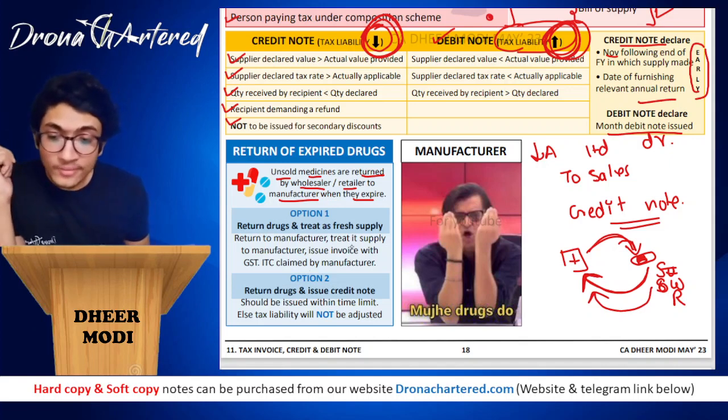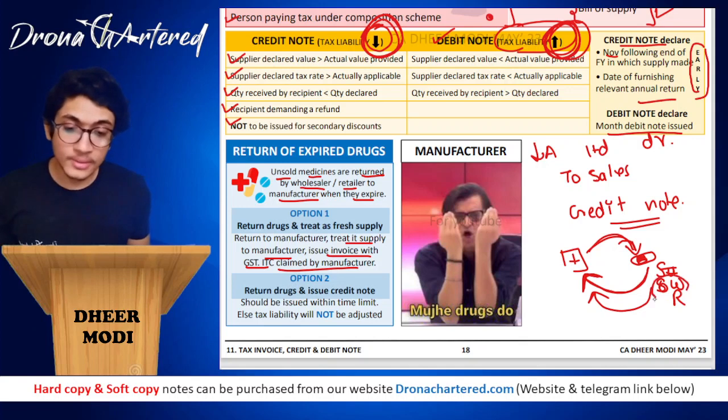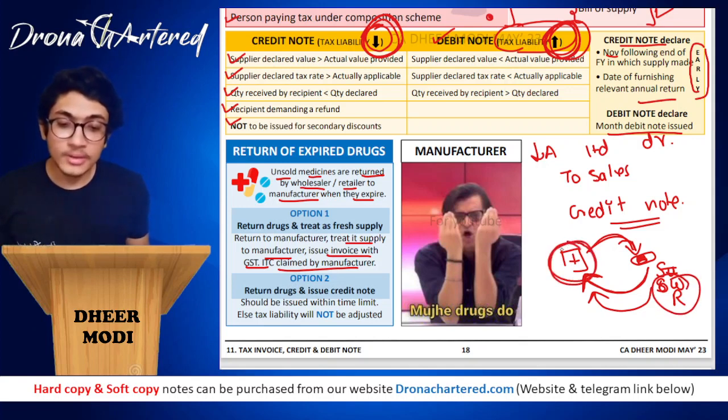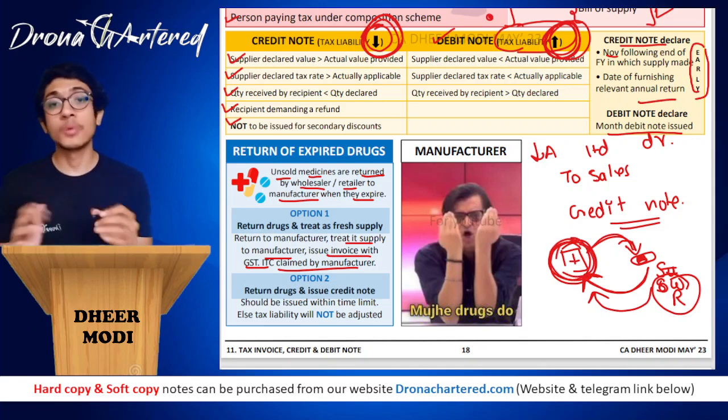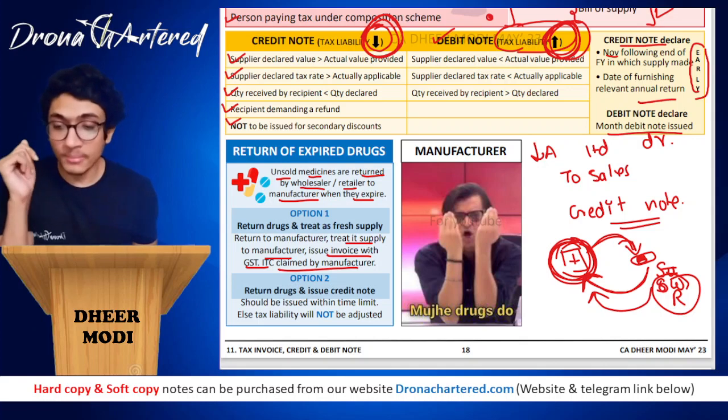So return to manufacturer, treat it as supply to manufacturer, issue invoice with GST, and ITC can be claimed by manufacturer. That is because since this person will be raising invoice, this person will be paying some GST. Now the GST that this person pays, he will be allowed to claim ITC for this, and therefore this transaction will be completed. This is your option number one.